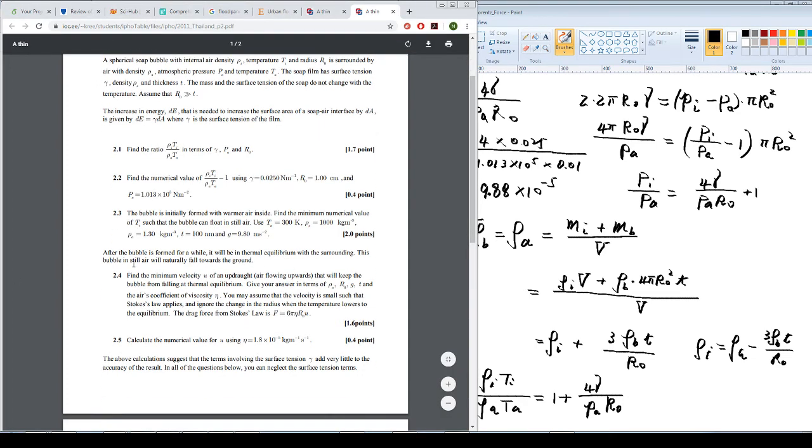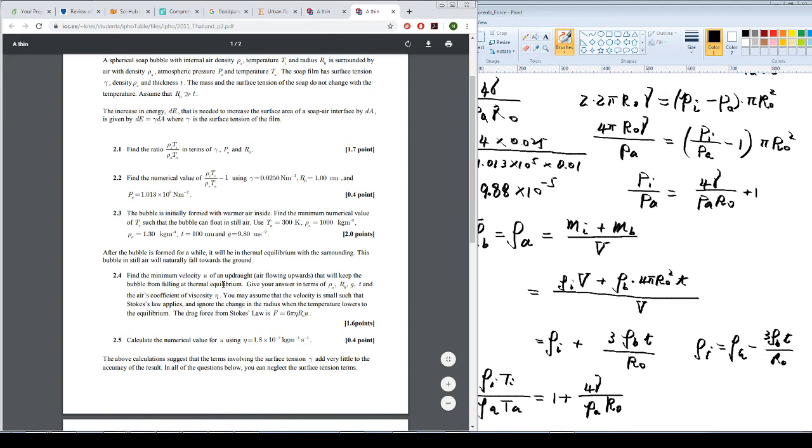Okay. After the bubble is formed for a while, it will be in thermal equilibrium with the surroundings. This bubble in still air will naturally fall towards the ground. That has to happen, as long as the density of the bubble is bigger than the density of air, which is most likely the case.